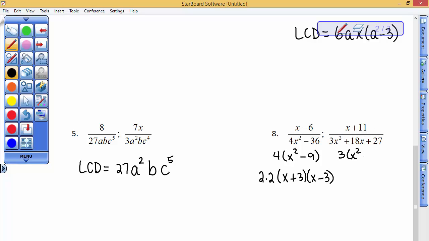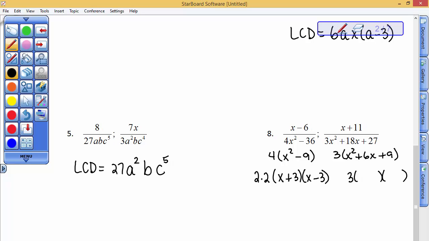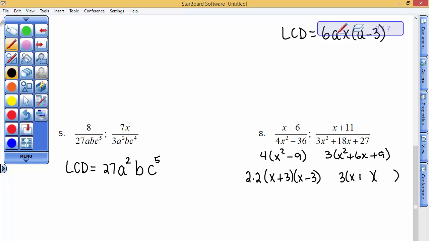So x squared plus 6x plus 9, and then the x squared plus 6x plus 9 can be factored into x plus 3 times x plus 3, because the two numbers whose product is 9 are 3 times 3, and add to be 6 are 3 plus 3. So be careful here.